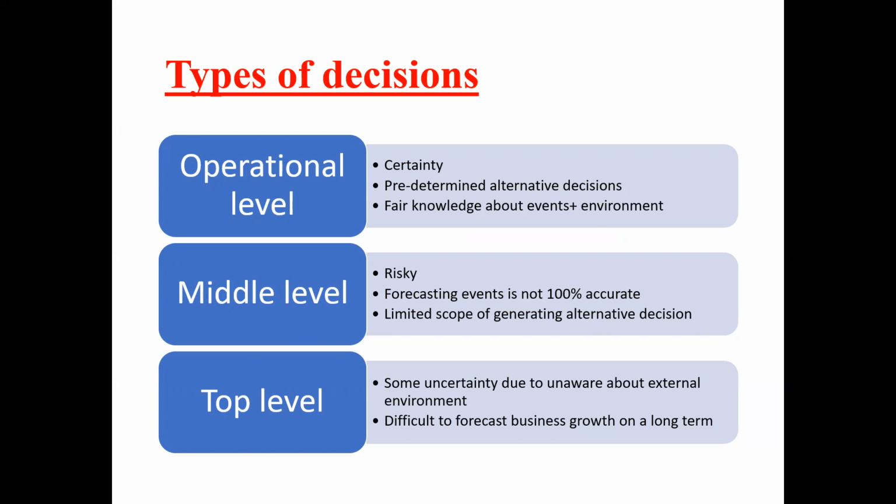Because we don't know whether the forecasting that we are going to do is accurate, because we don't have much information about the environment and the events that are taking place. So in taking an alternative decision, there will be a limited scope. Then coming to the top level, there is some uncertainty because we are not aware about the external environment. We don't know how the competitor will behave. So it's difficult to forecast the growth for a long term.